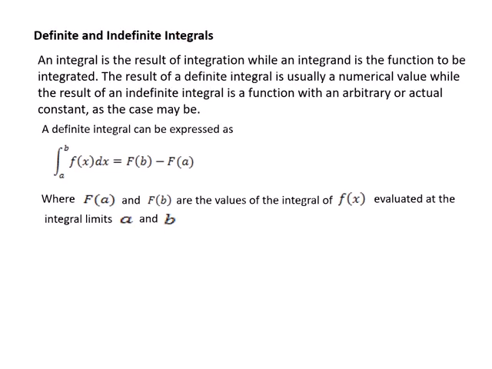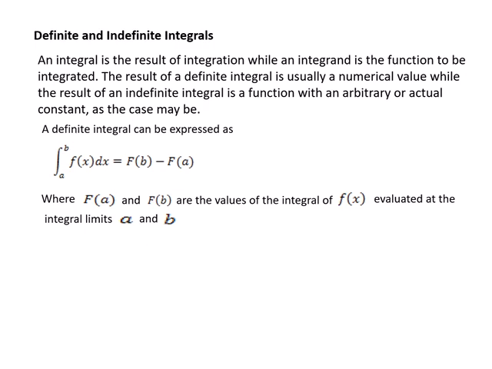So we move on to the next slide, where we have definite and indefinite integrals. An integral is the result of integration, while an integrand is the function to be integrated. So an integral is the result of integration.